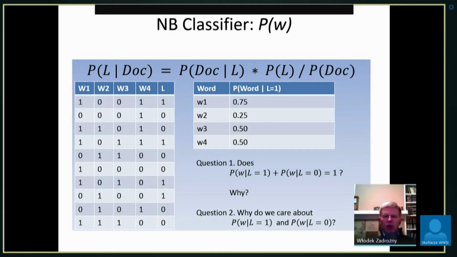So we saw before that the sum of the probabilities of the documents being given label 1 or label 0 is equal to 1. So the question is, do we have the same situation here? That is, the probability of the word given label 1 plus the probability of the word given label 0 equal to 1?